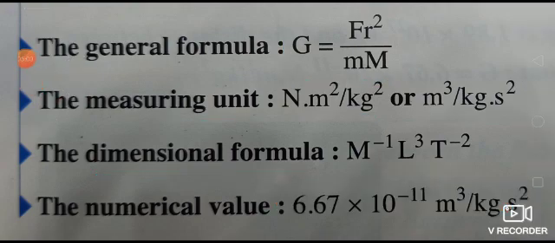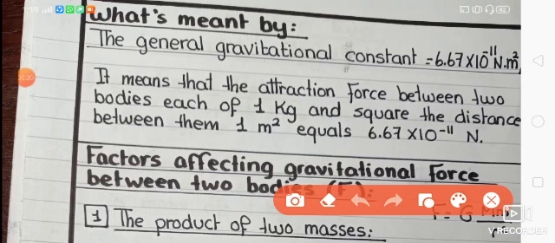And the last thing is the numerical value of the gravitational constant, which is equal to 6.67 times 10 to the power negative 11 meter cubed over kilogram second squared. Here comes a very important question.